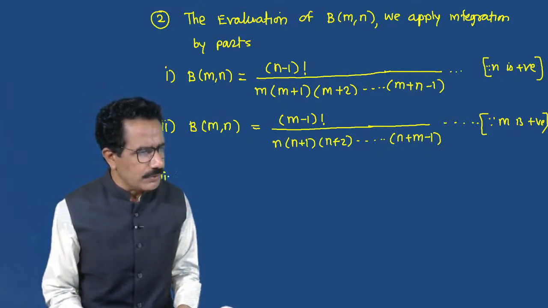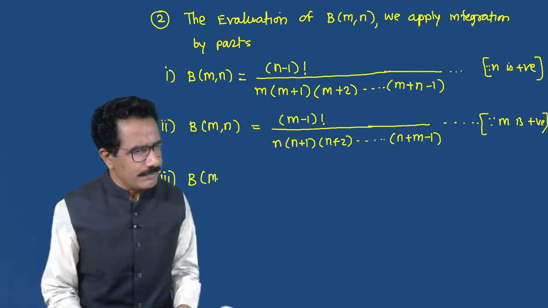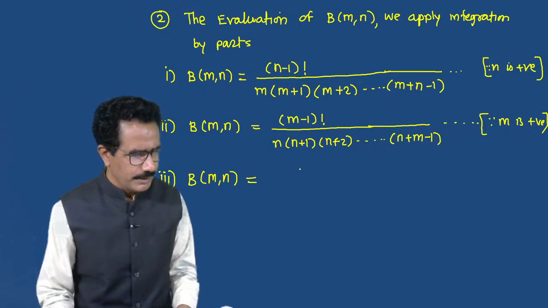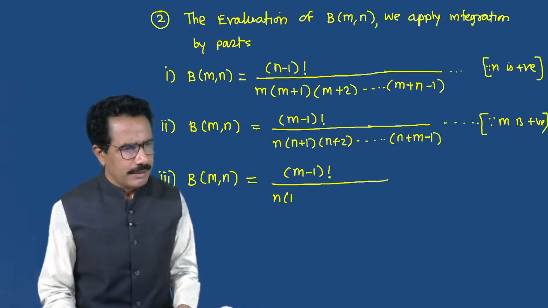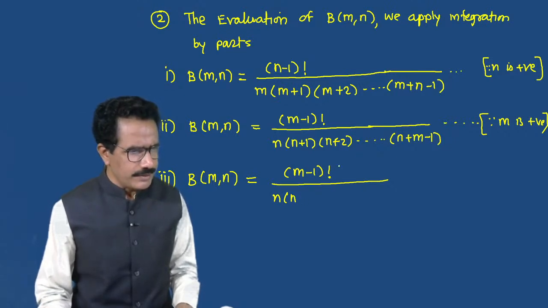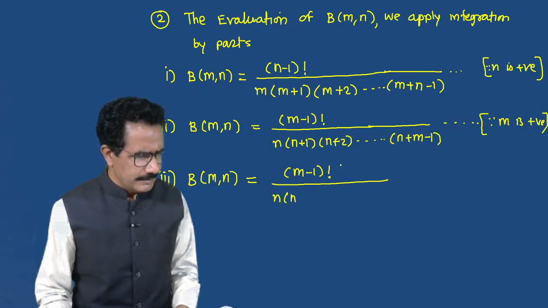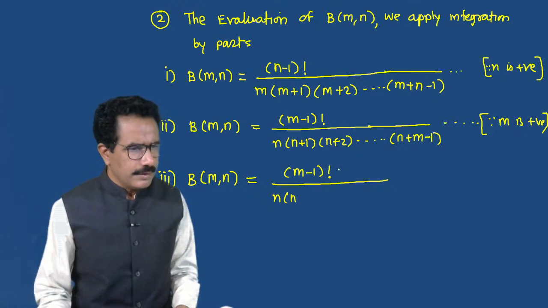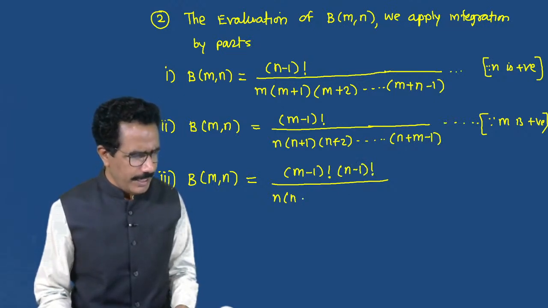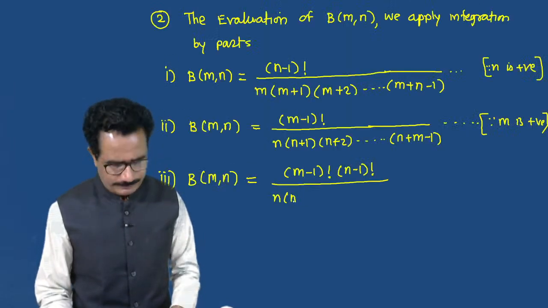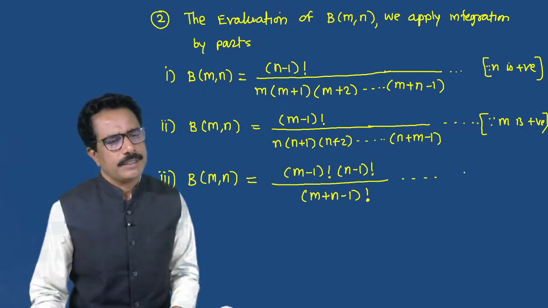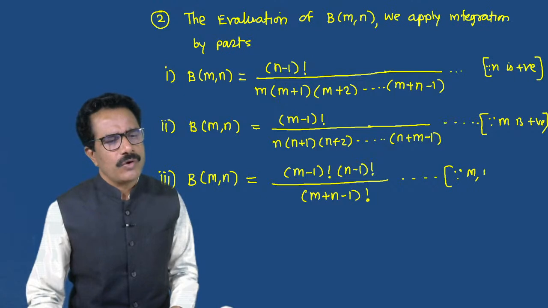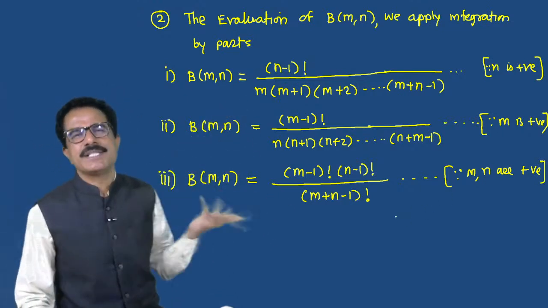Now third, if both are positive, beta m comma n is equal to m minus 1 factorial times n minus 1 factorial divided by m plus n minus 1 factorial, since m comma n are both positive. Just remember these formulae, you don't need the proof.